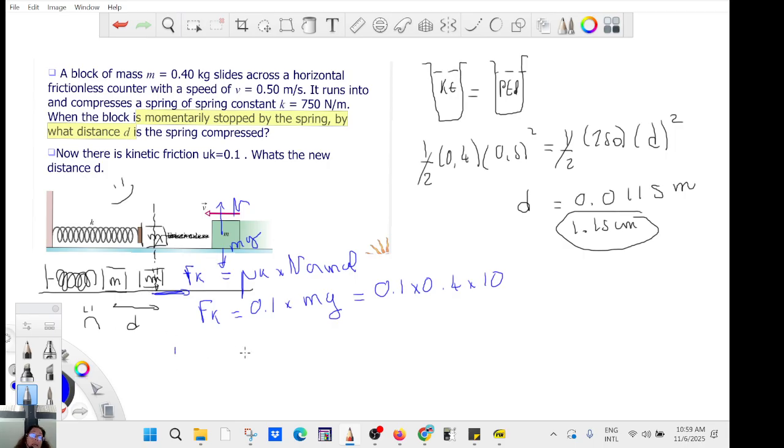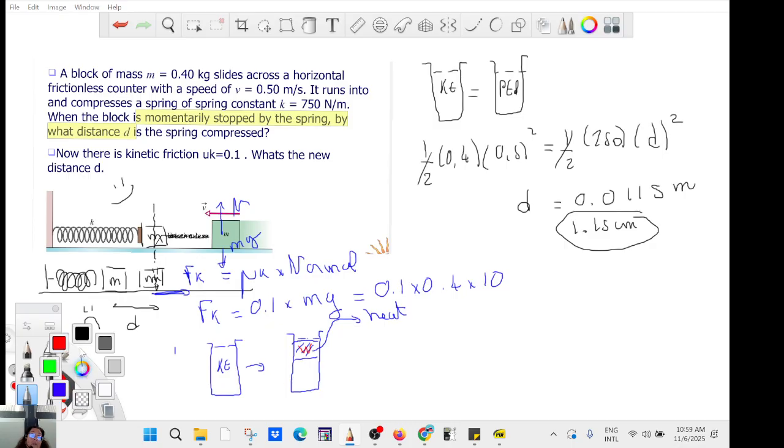So what's happening? You start with some kinetic energy, but some of that energy is going to be lost to heat because of friction. That will be the work done by friction, which is negative.